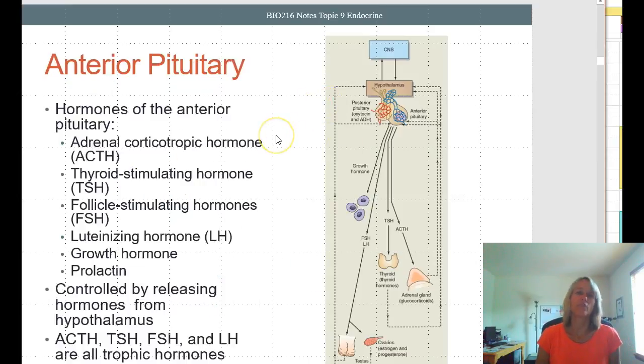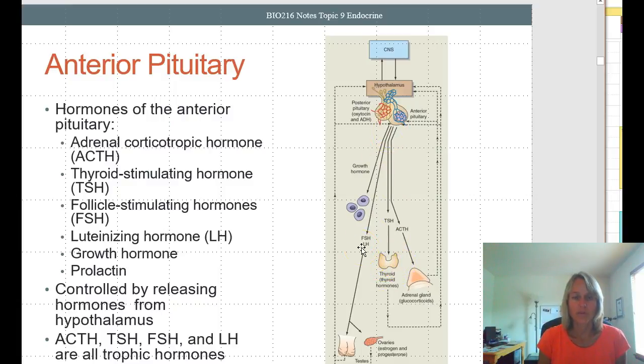Okay, and these hormones include adrenocorticotropic hormone, or ACTH, which acts on the adrenal gland to cause the release of mineralocorticoids and glucocorticoids. Thyroid stimulating hormone, which acts on the thyroid gland to cause the release of thyroid hormones.